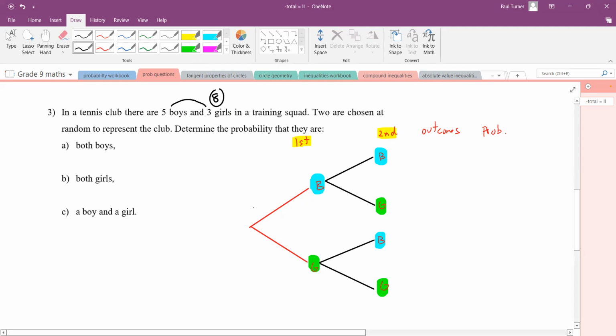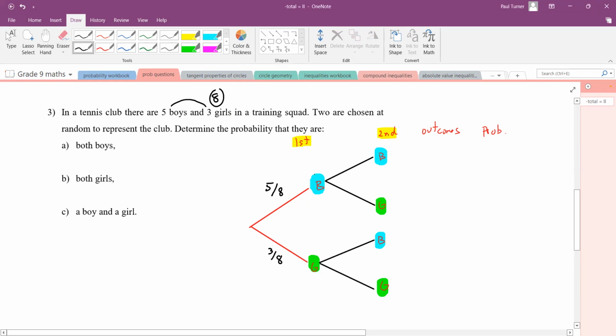So at your first selection, what's your chance of taking a boy? There are 5 boys out of a total of 8 students that can be selected. So your chance of getting a boy on the first pick is 5 out of 8, which means your chance of getting a girl must be 3 out of 8.